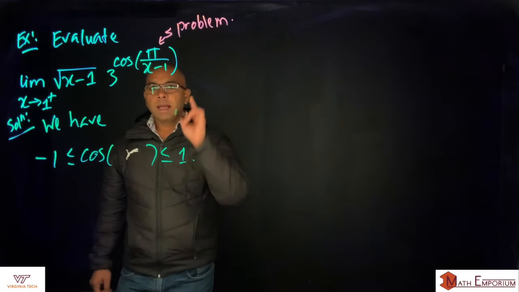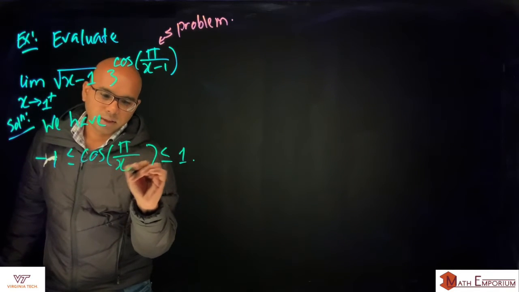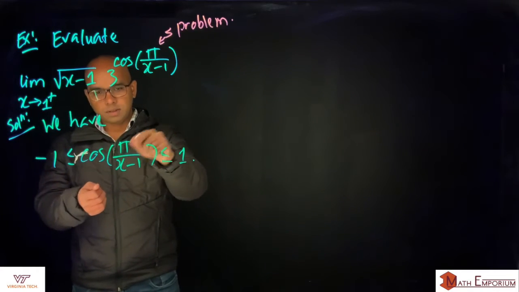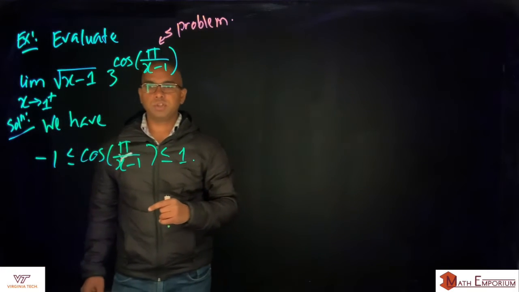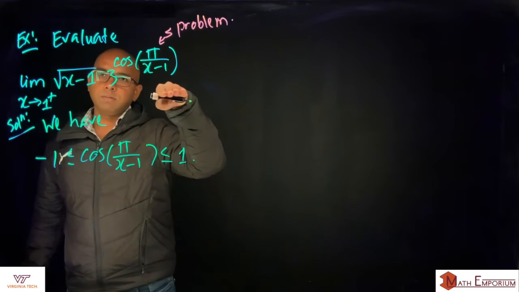The input is pi over x minus 1, so that's some angle. If you take that angle under cosine, then that's also going to be between -1 and 1, that's for sure. Now we need to gradually build up this function, right?